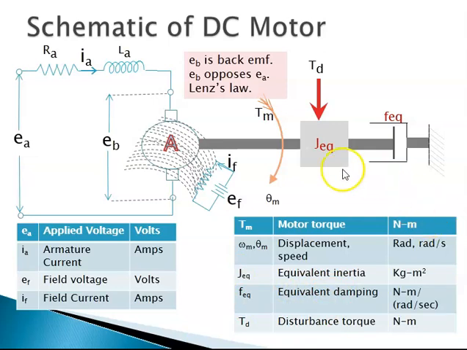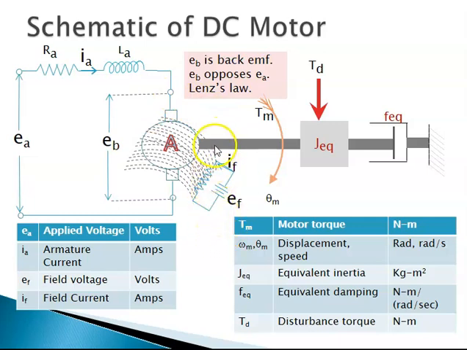While attempting to write equations and develop the block diagram, we'll consider 4 segments of this system. One segment is this Ra, La, Ea and Eb. That is what we call the armature circuit. Second is the motor action, that is current carrying conductor, magnetic field and torque generation.